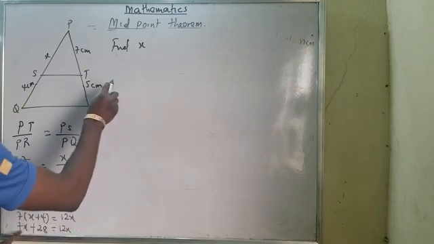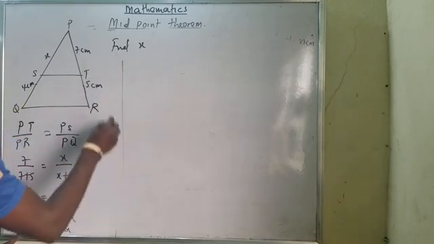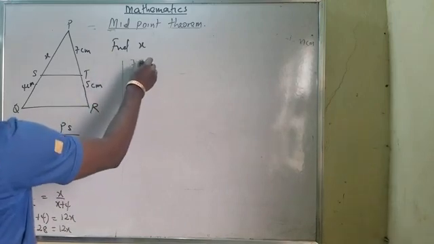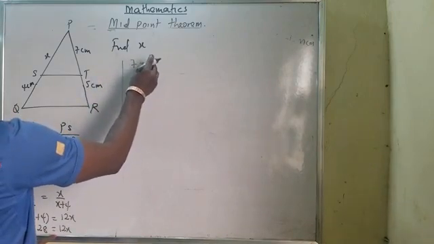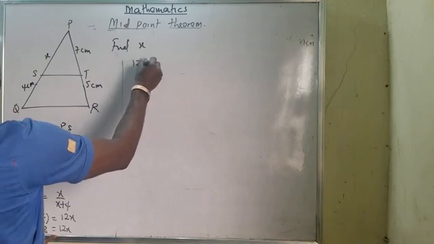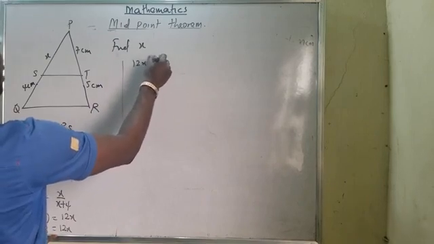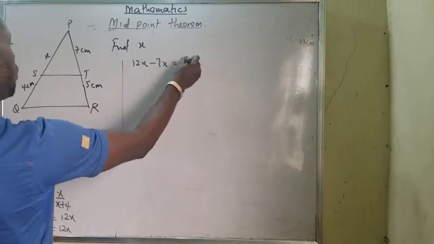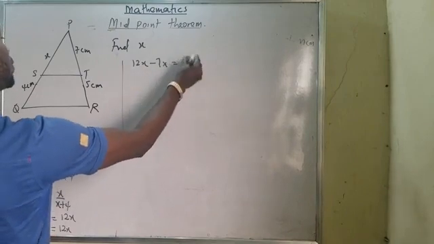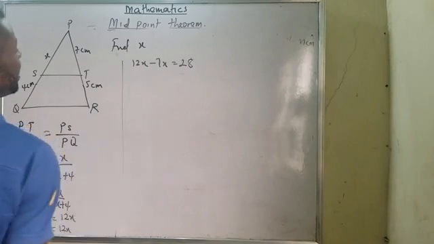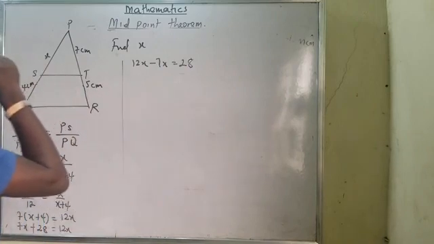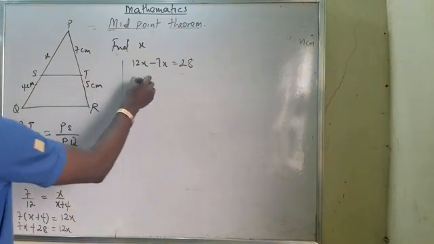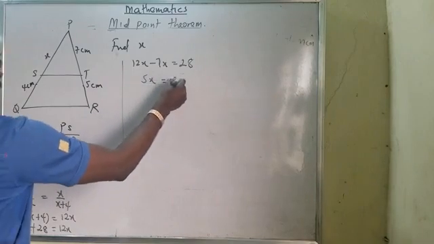When I collect like terms, I'll have 12X minus 7X equals 28. This and this will be equal to 5X equals 28.